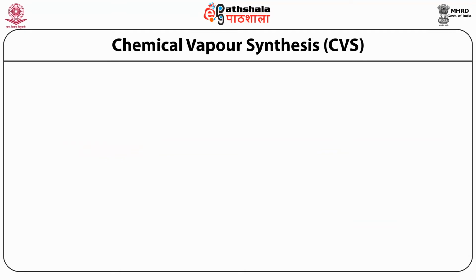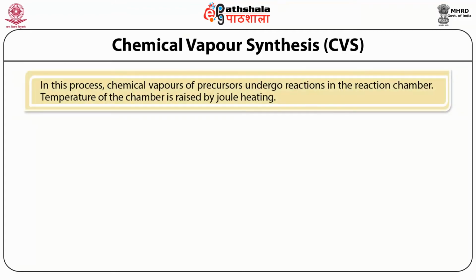One more type of gas phase condensation technique is chemical vapor synthesis, in which chemical vapors of precursors undergo reactions in the reaction chamber. The temperature of the chamber is raised by Joule heating.